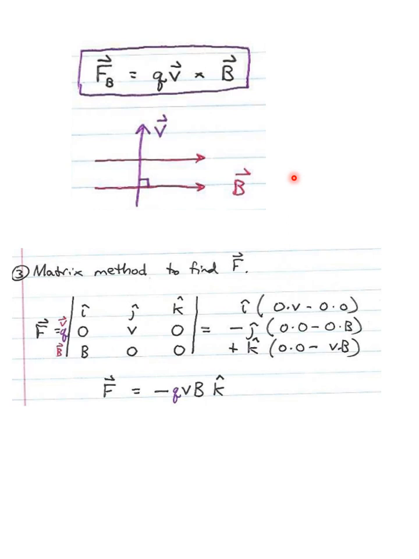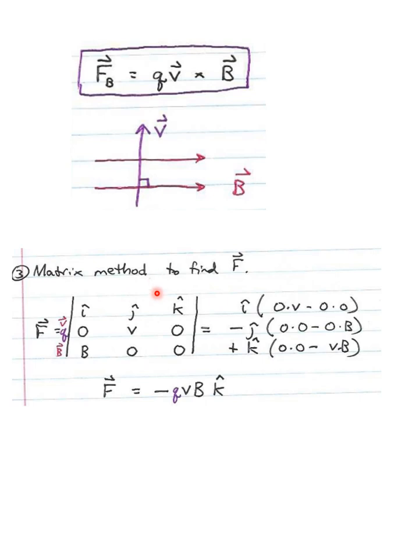There's a third method that's more mathematical. So those first two methods are best for when you just have a picture. When you have the actual quantities, this way is easier. So it's the matrix method to find F. Remember that F is Q V cross B. And here is down below how you can do a cross product with a matrix.